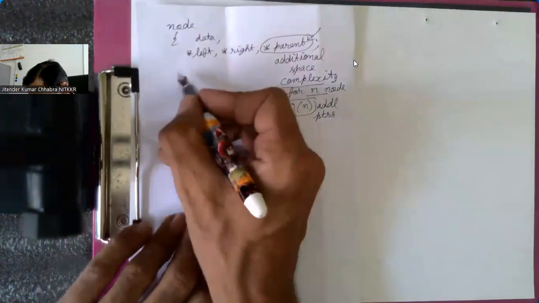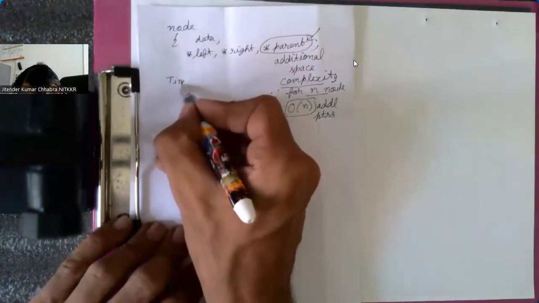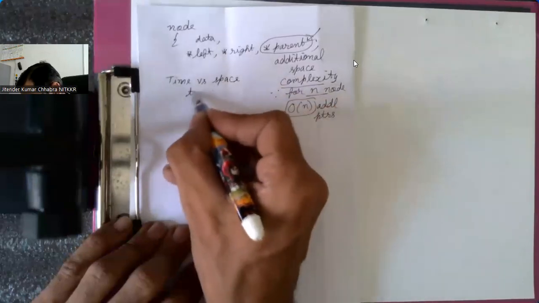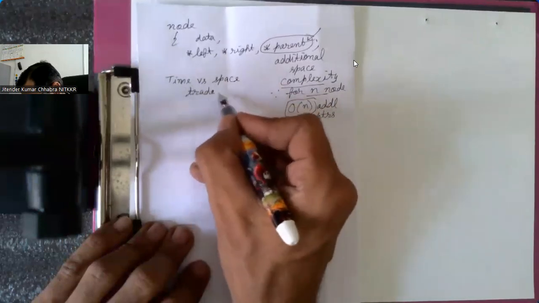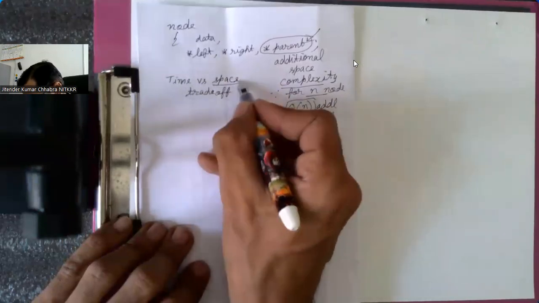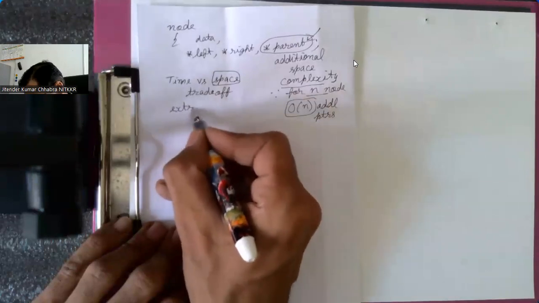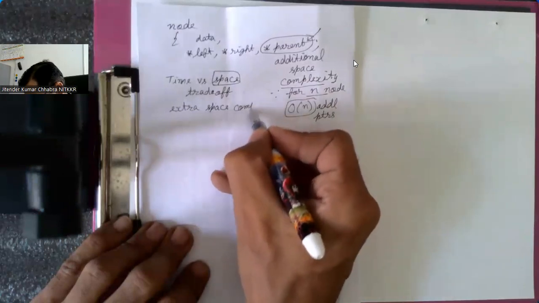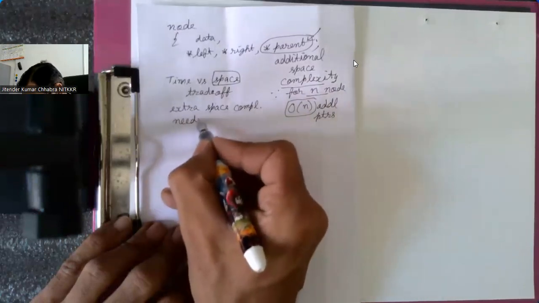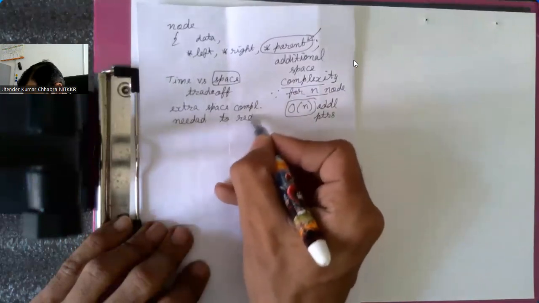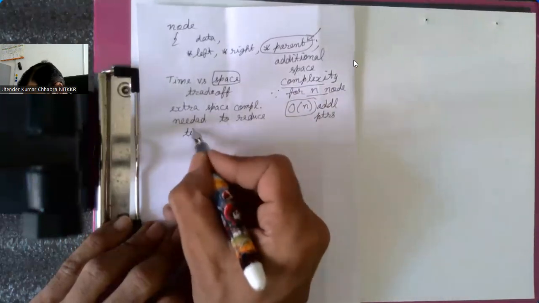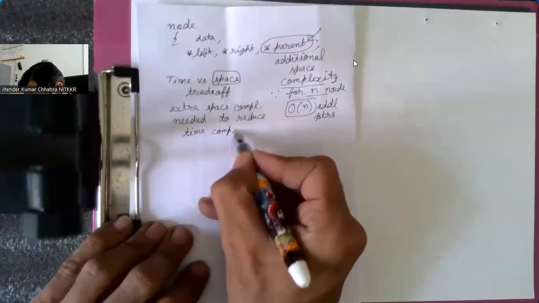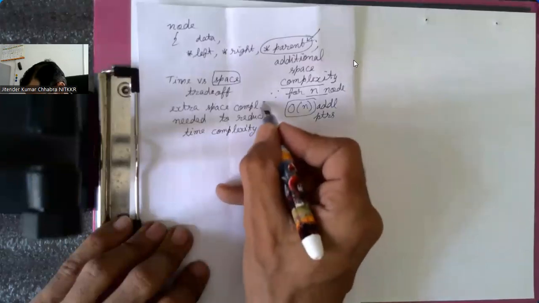So effectively, we call such things a time versus space trade-off. If I want to improve the time complexity, that will many times require extra space. This is what we call a trade-off.